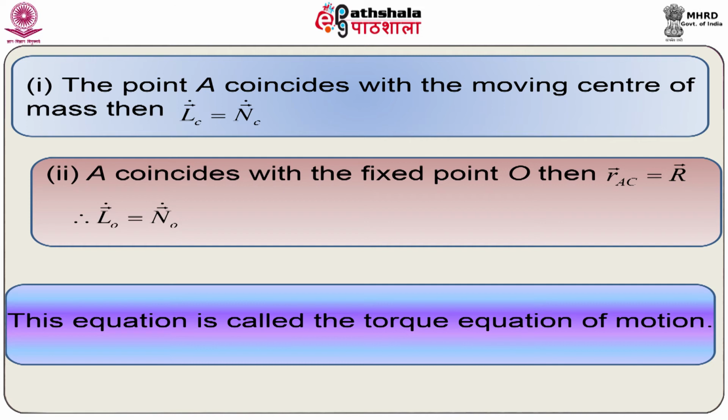Number 1, in the event the point capital A coincides with the moving center of mass C, then instead of A, we have replaced A by C, and we get the result in terms of suffix C, that is LC vector dot equal to NC vector.